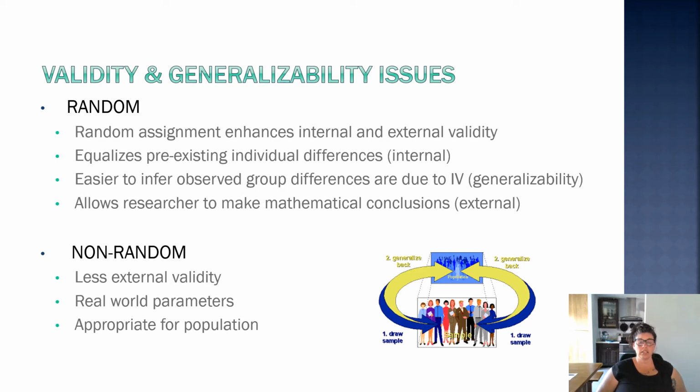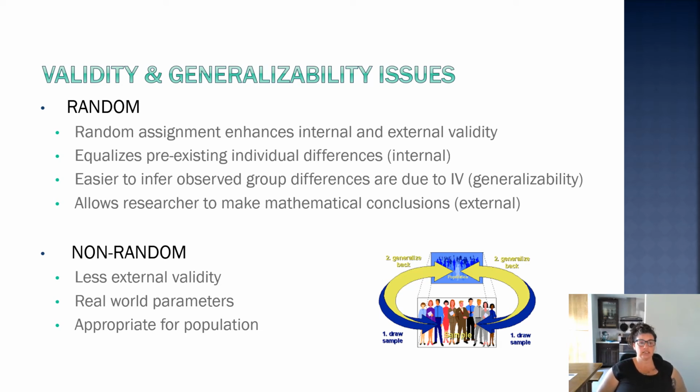So the random selection of those people enhances both your internal and your external validity, meaning you're measuring what you intend on measuring, and you are able to generalize that to the population.